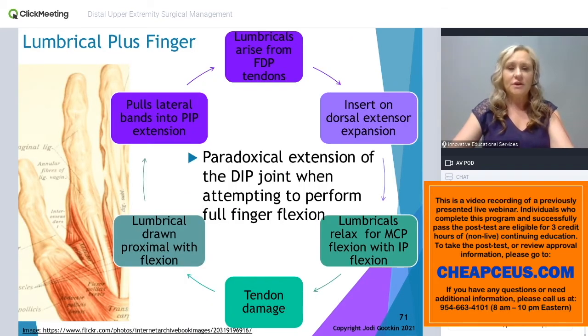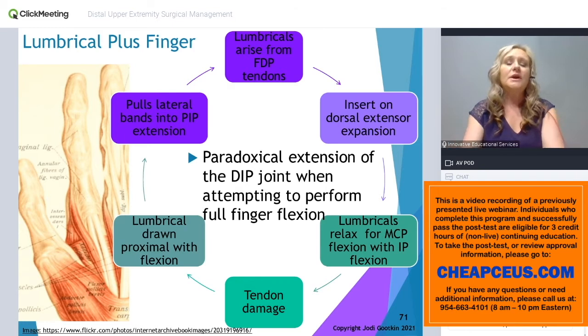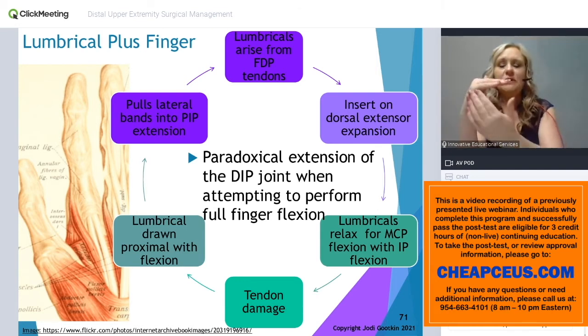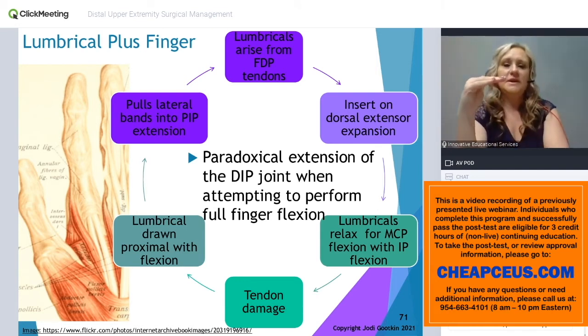Lumbrical plus finger is something that can also occur in individuals who have that flexor digitorum profundus tendon that has been repaired. What normally happens is when we go to flex our fingers down, we have our lumbricals, and our lumbricals perform this tabletop position of MCP flexion with IP extension.